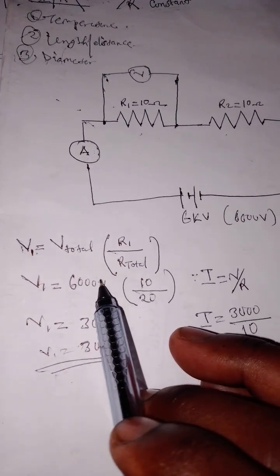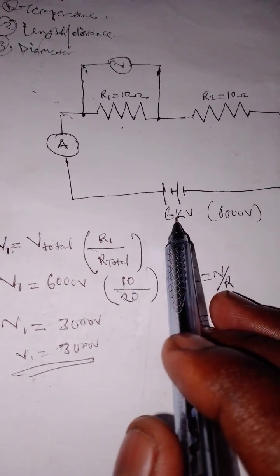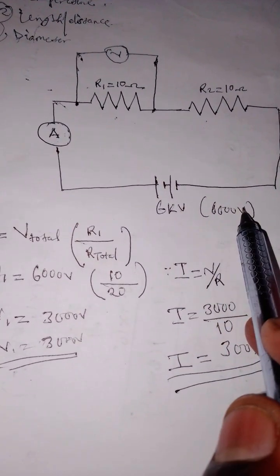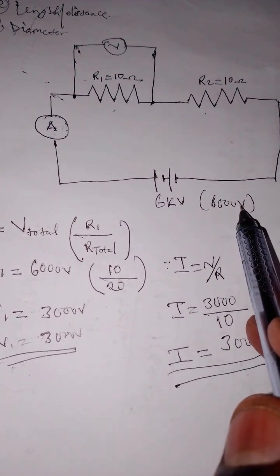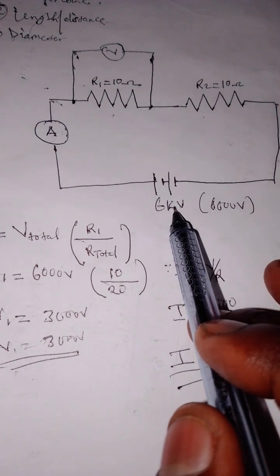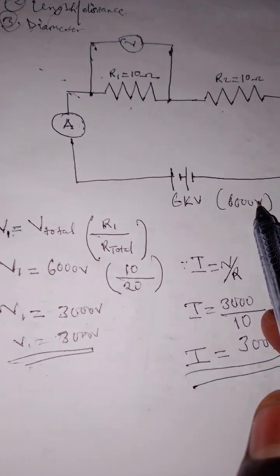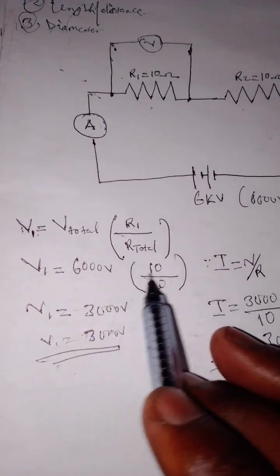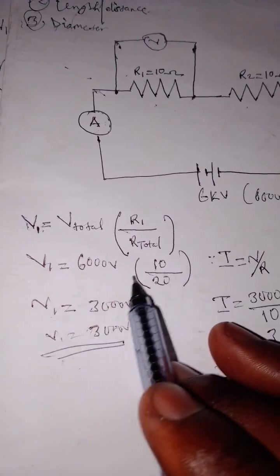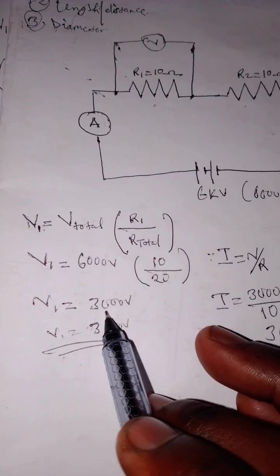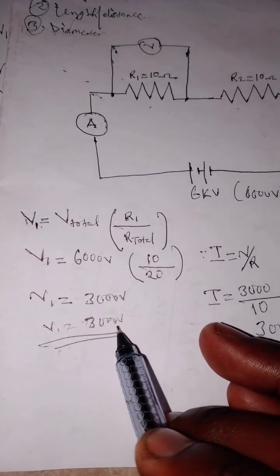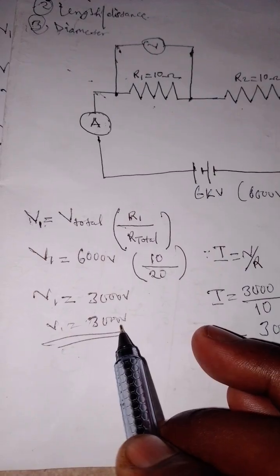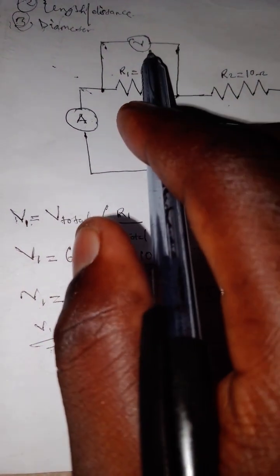So total voltage is 6 kilovolts, which is 6000 volts. Kilo means 1000. That's what I've converted here. So V1 will be, if you calculate, and once everything is done, we're going to get 3000 volts. This is V1.